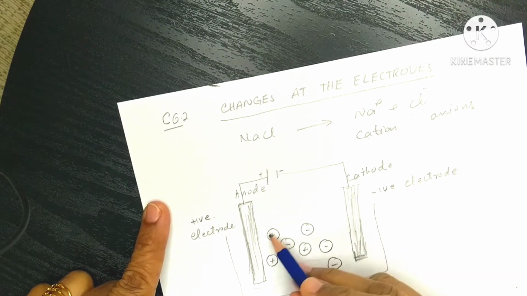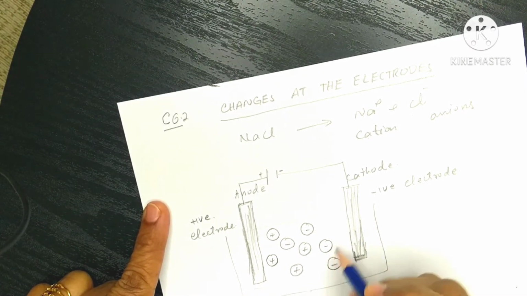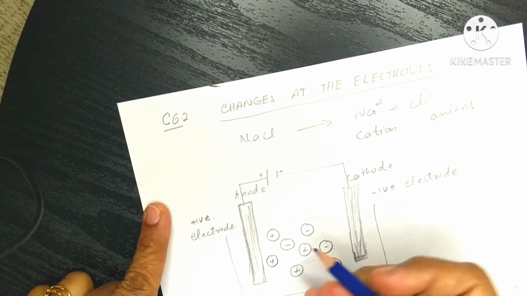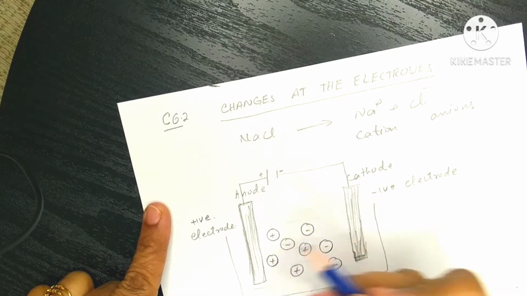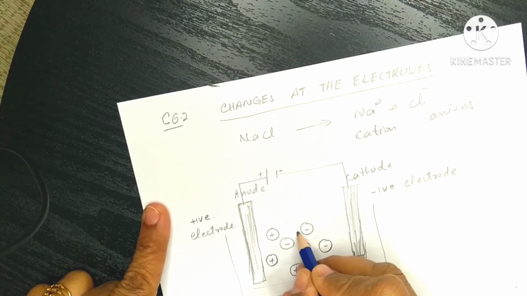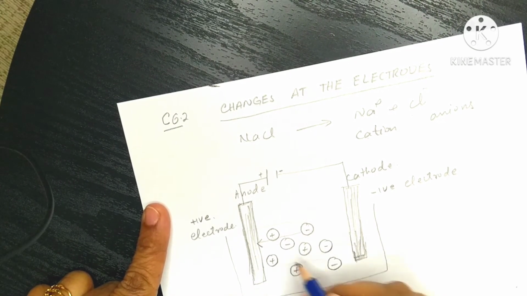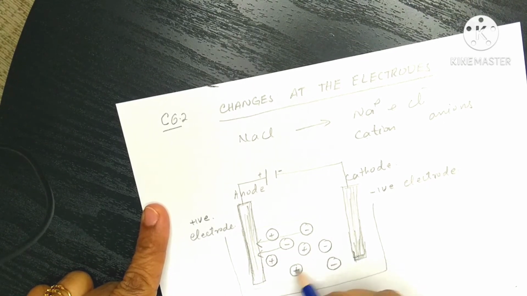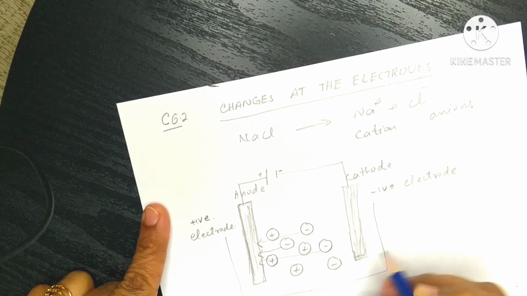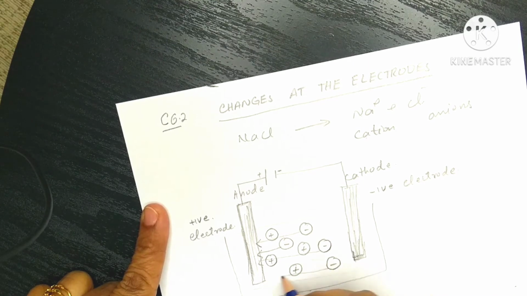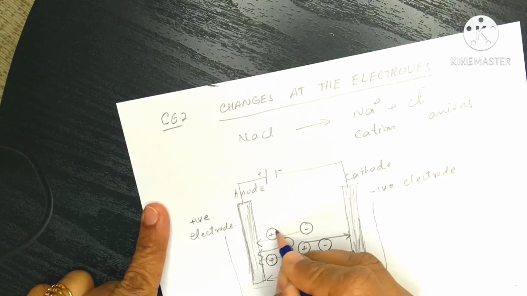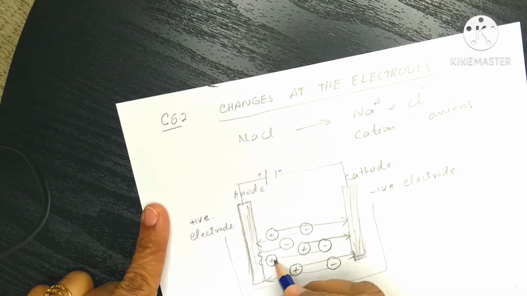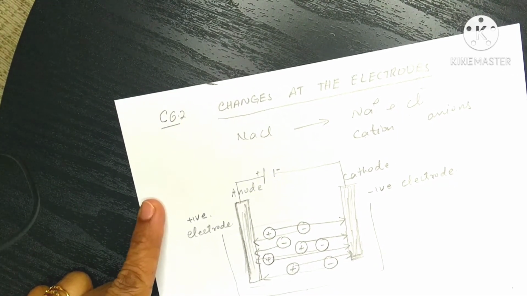Here we have a molten solution or aqueous solution, and in this molten or aqueous solution there are many positive and negative ions. All the negative ions will move towards the anode, and all the positive ions will move towards the cathode.